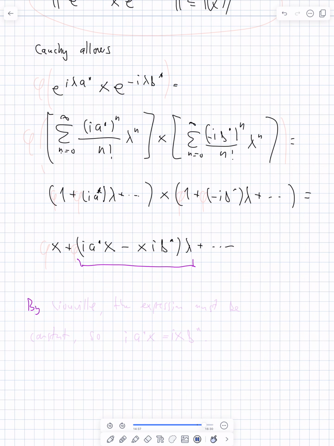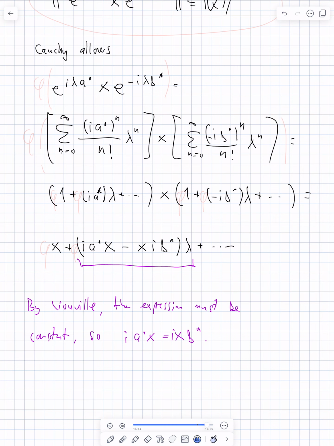So by Liouville, and here I'm being a little bit sloppy, let me explain in a second more carefully what I'm doing, the expression must be constant. So this means that the coefficient of lambda is 0. So i a star x must be the same as x i b star, right, which proves what we're after.